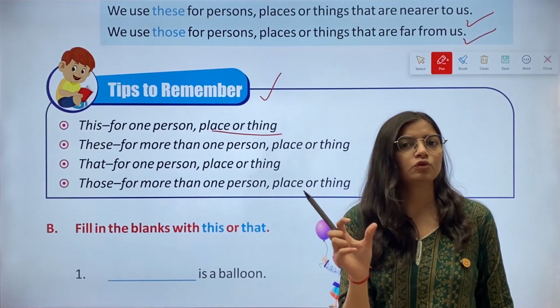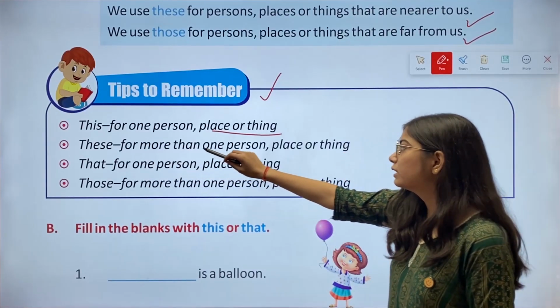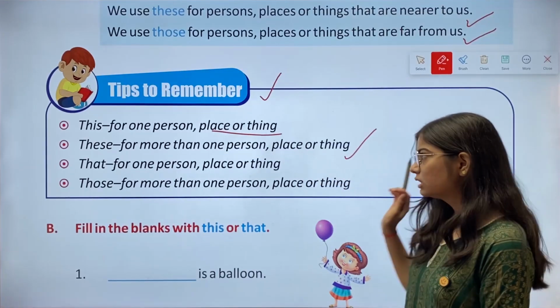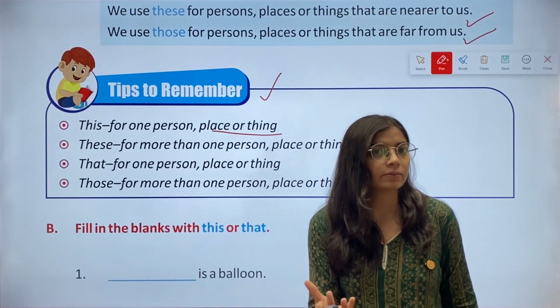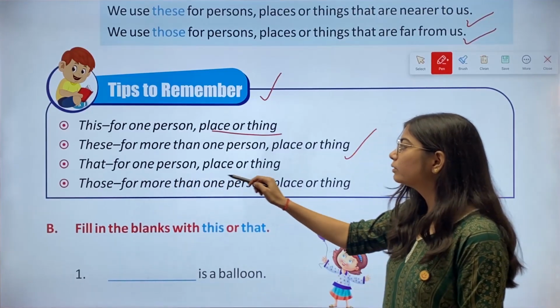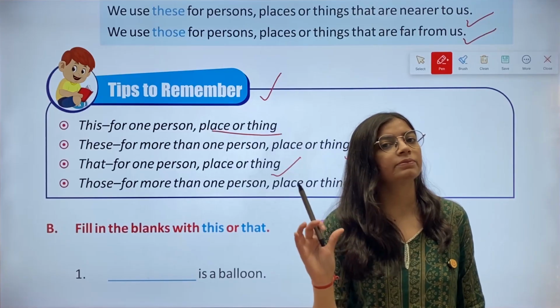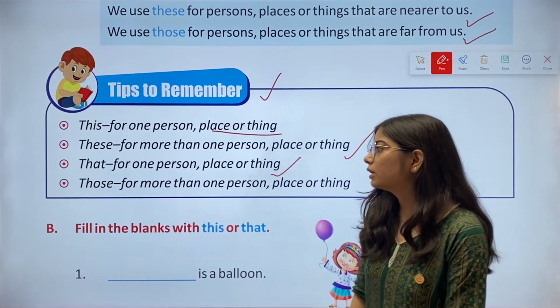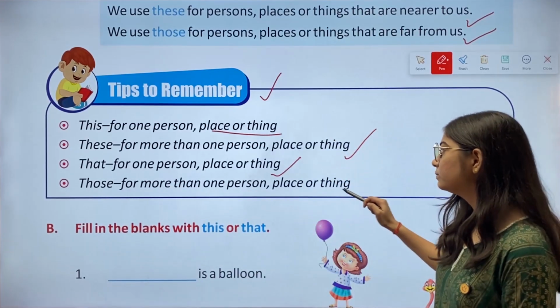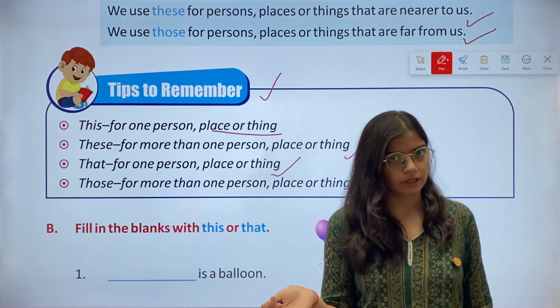This is used for only one person, place or thing. Then these for more than one person, place or thing. जो these है वो more than one person, place or thing के लिए use करते हैं. That for one person, place or thing. That again वो one person, place or thing के लिए. Then those for more than one person, place or thing. Those are more than one person, place or thing के लिए use करते हैं.